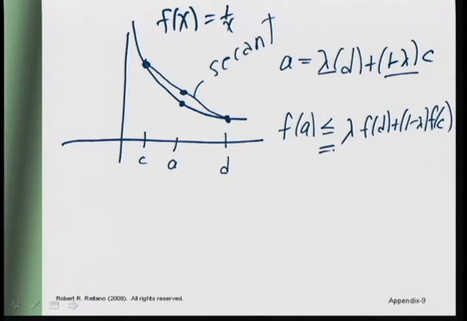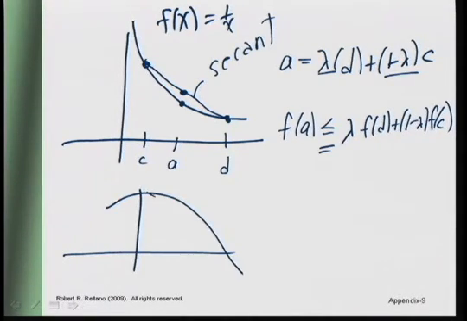This is the opposite of concave. A function like this would be concave. It means that if you choose any secant, the function values are above their interpolated endpoint values. So we'll just state there's a Jensen's inequality for both convex and concave, and you simply change the inequality and you get the other.